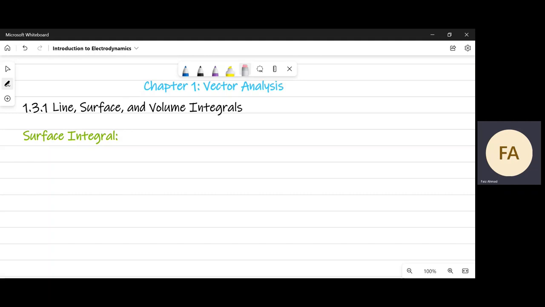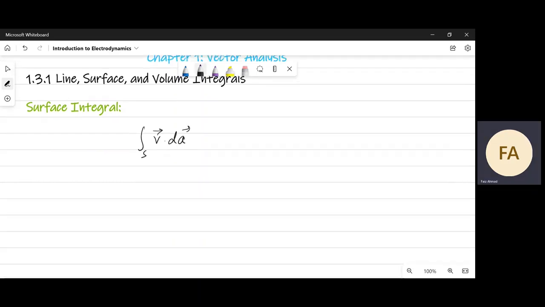A surface integral is expressed as the integral over S of V dot dA, where we put S on the integration sign to distinguish it from the line or contour integral.